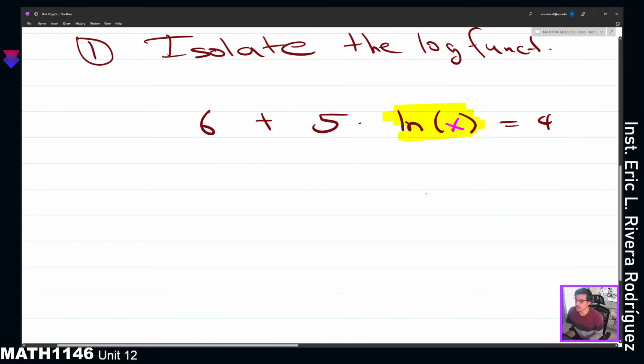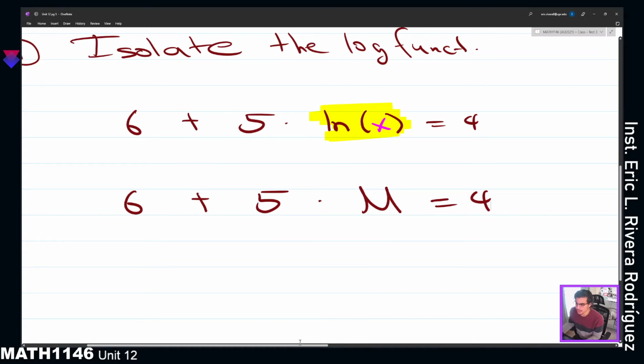So I'm going to substitute, just for a moment, ln of x with a variable. Let's use a, or maybe let's use m. All right, focus on this equation. Here, that is just a linear equation. m is the unknown variable.